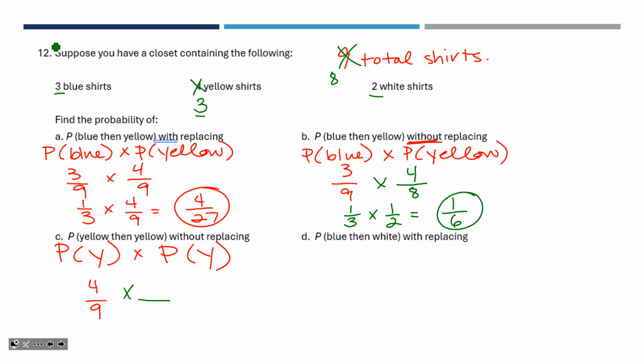Well, how many yellow shirts do I have? Only 3 now, right? So 3 out of how many total? Now my total is only 8. Okay? So now I'm going to multiply these together. And then I can reduce this fraction. And that'll reduce to 1/6.